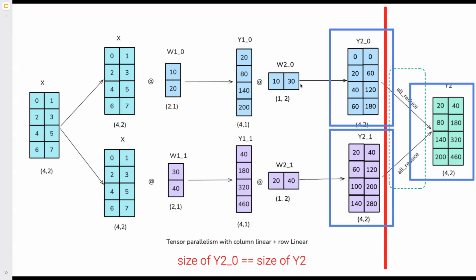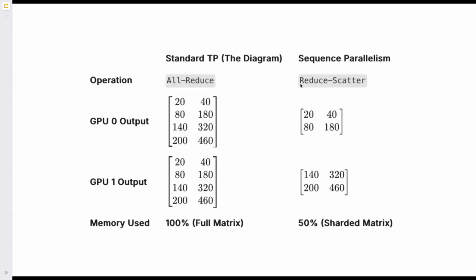That made me raise my eyebrows, and I tried to torture ChatGPT to get more insights. And here's what I got back. What we really want, the end goal and the end result, is that with standard tensor parallelism, after the all reduce, we get the same output on each one of the GPUs, so the whole matrix.